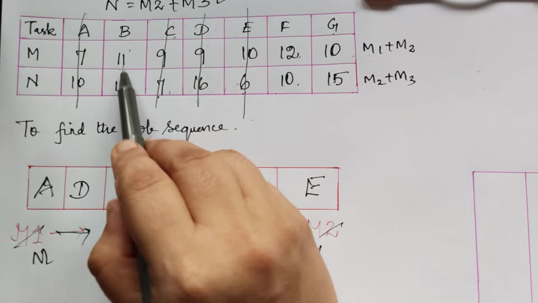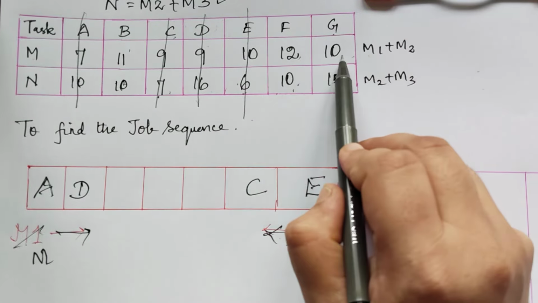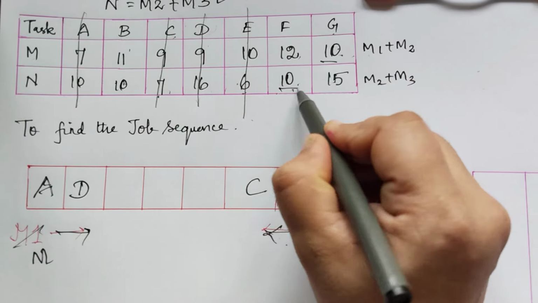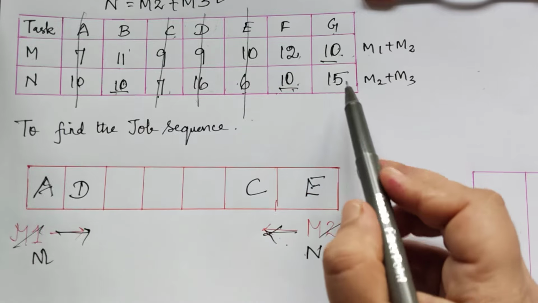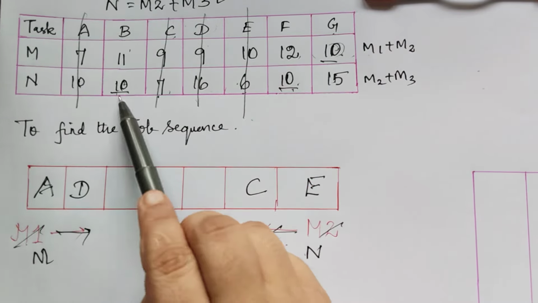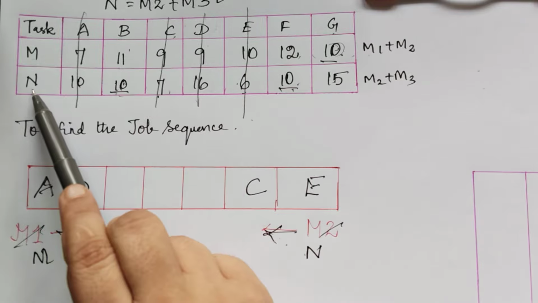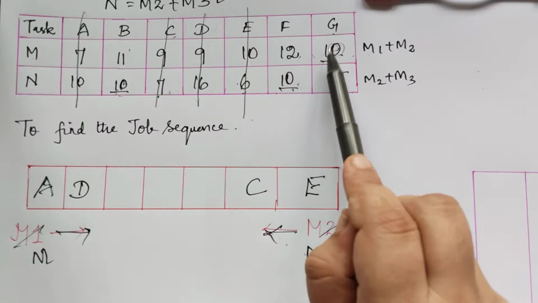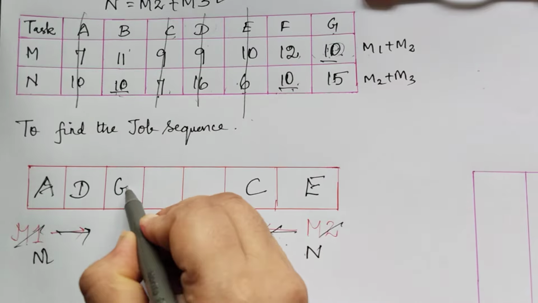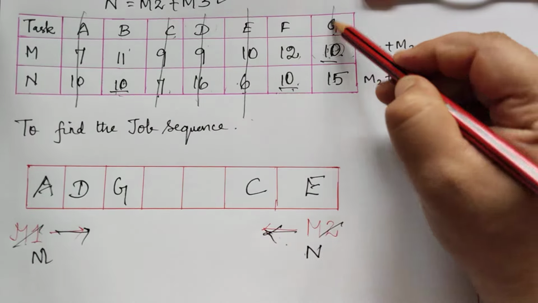Out of the remaining processing times, we see that the minimum value is 10, and it has appeared 3 times. So it's repeated. And we see that this 10 has appeared in machine M, and these two 10s have appeared in machine N. So this can be easily sorted out, that is G is under M. So here we can easily write it and we can just give it a strike.